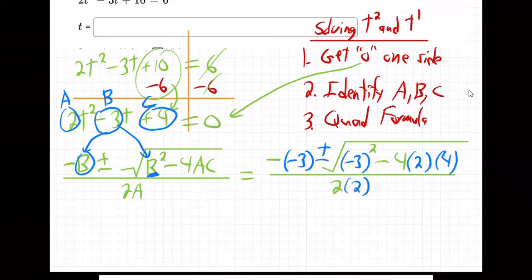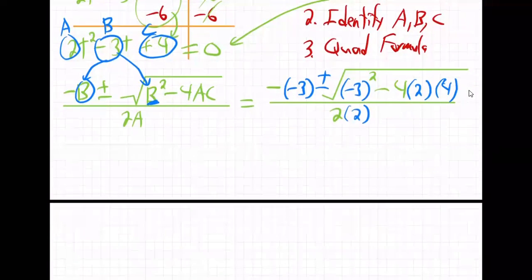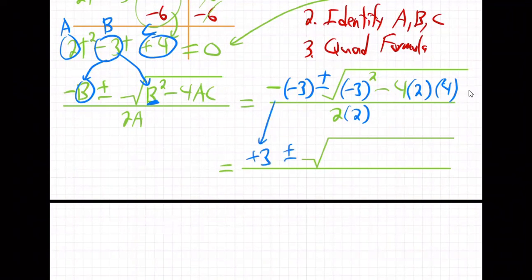All right, let's keep it going. So I'll come down to here. All right, what do we get? The double negative here becomes +3, doesn't it? Double negative, +3. And then -3 squared is 9.